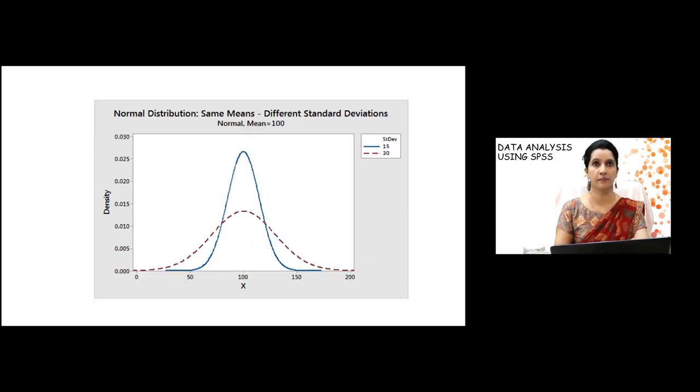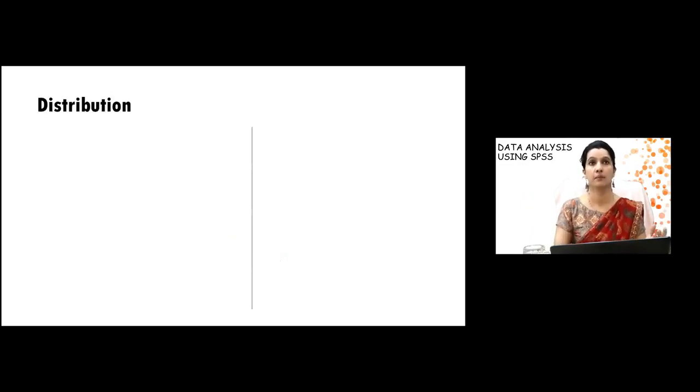In the third one, the mean is the same in both cases, 100, but the standard deviation is different. In the first case it is 15 and in the second it is 30. So the larger the standard deviation, the wider the spread of the curve. This is the general concept of standard deviation and mean.